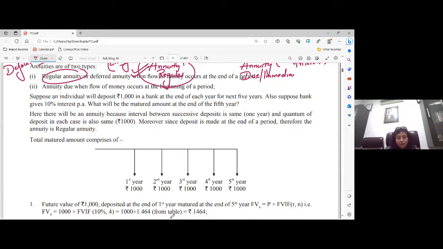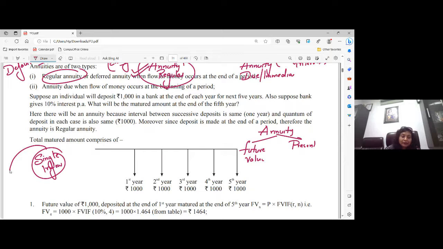So in case of annuity, we have two types of value. One is called future value and another is present value. This is a very important thing to keep in mind. When there is a single inflow of funds, that inflow has present value as well as future value.